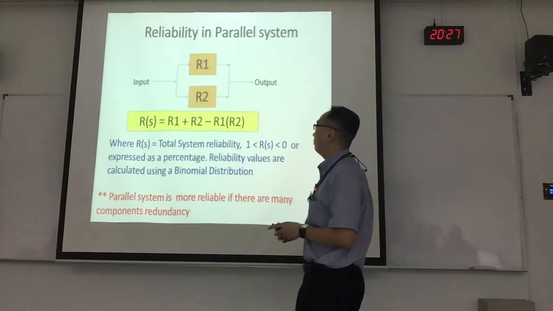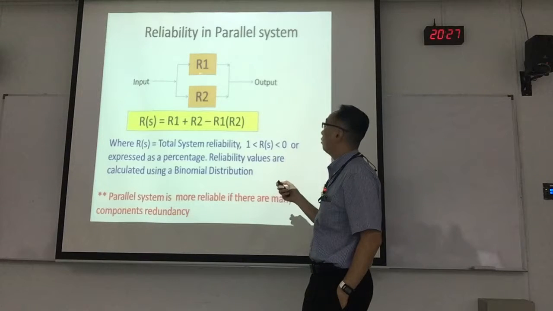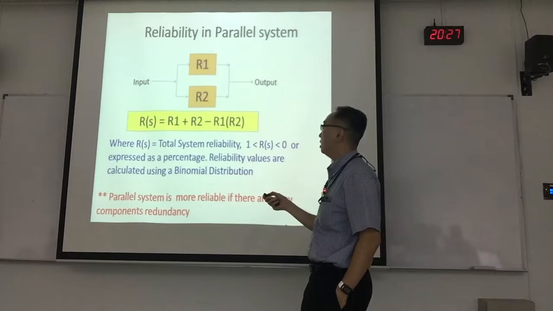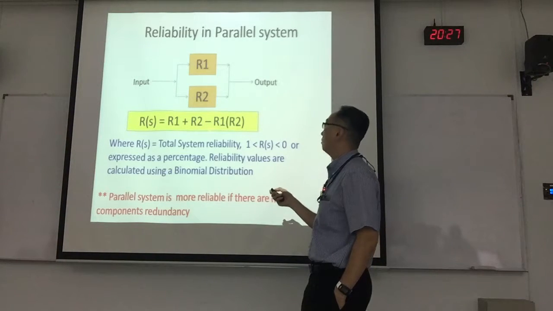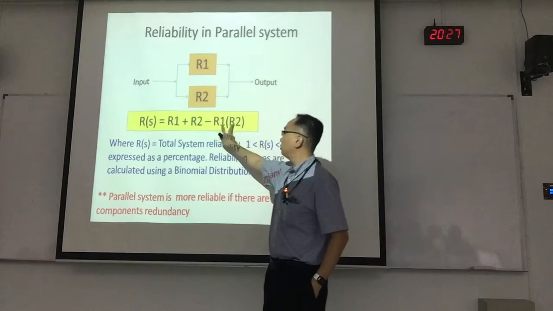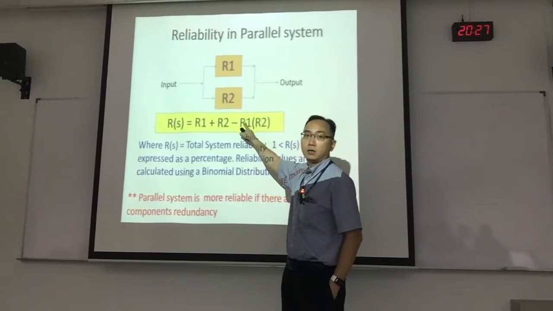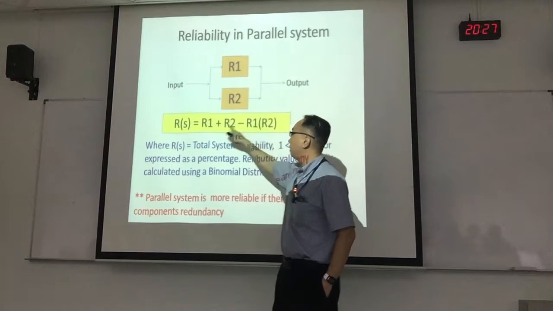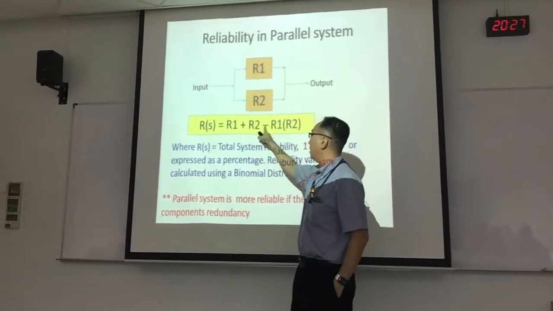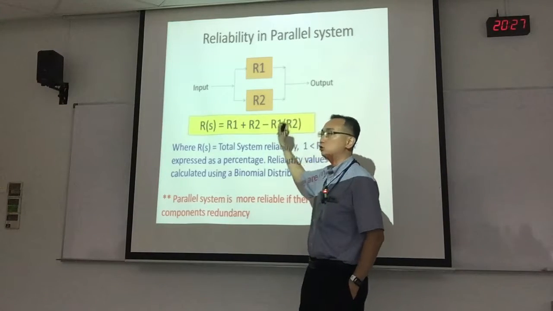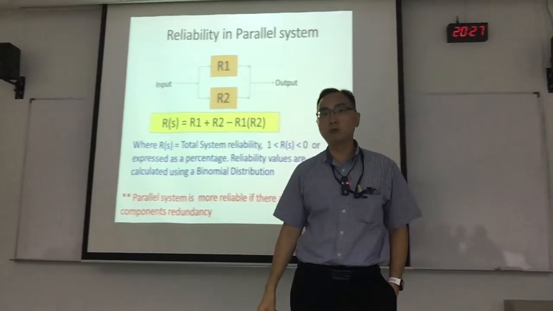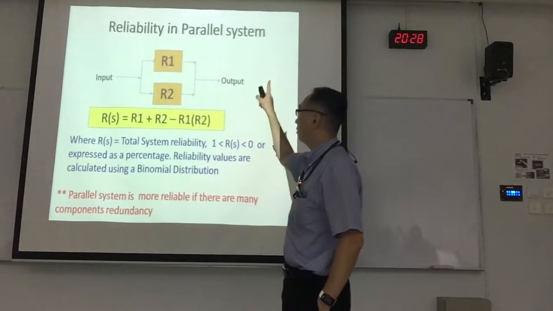If you have these 2 components, R1 and R2, RS equals R1 plus R2 minus R1 bracket R2. This means multiply. You add these two, then you minus the multiplication of these two. That's the reliability for a parallel system.